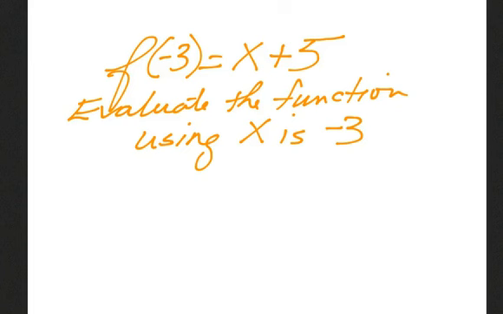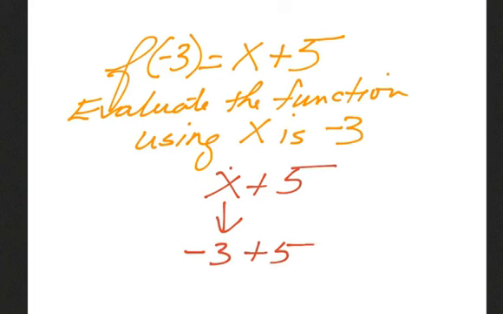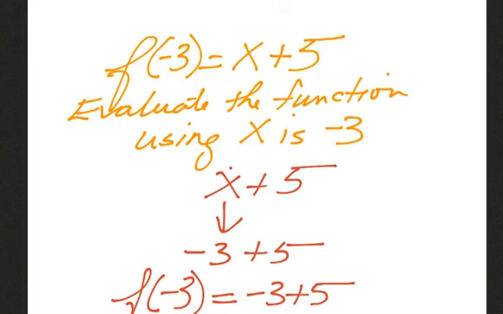So we're going to go back and we're going to say where, if it says x plus 5, what are we going to put where x is? Negative 3 plus 5, and f of negative 3, which is what we started with, is equal to negative 3 plus 5. And what is that equal to? So f of negative 3 is equal to 2.